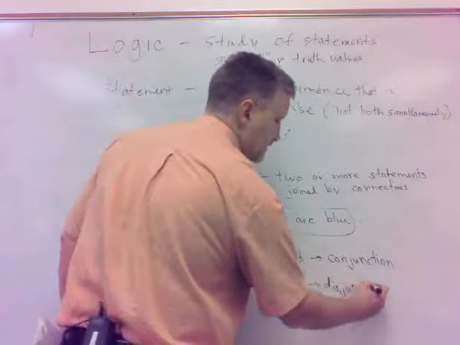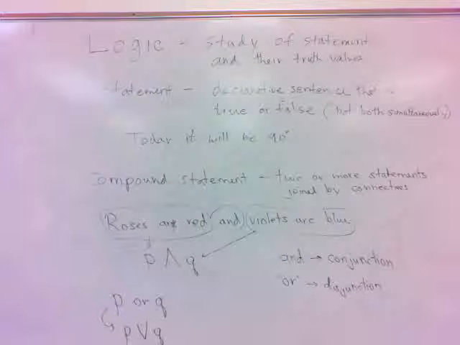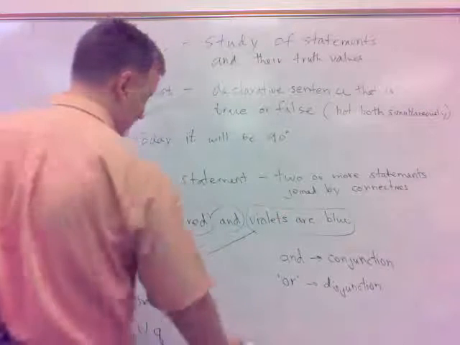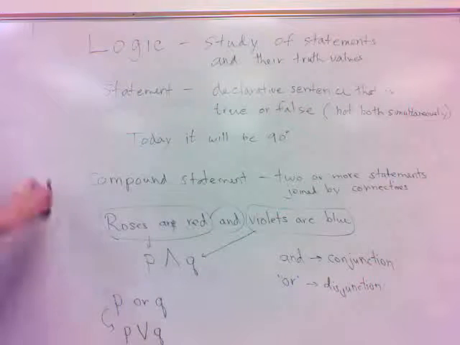They may ask about that terminology, but that's all. "And" is conjunction, "or" is disjunction. All right, so we'll get back to "and" and "or" a lot more in a moment. But right now, let's talk about negations.